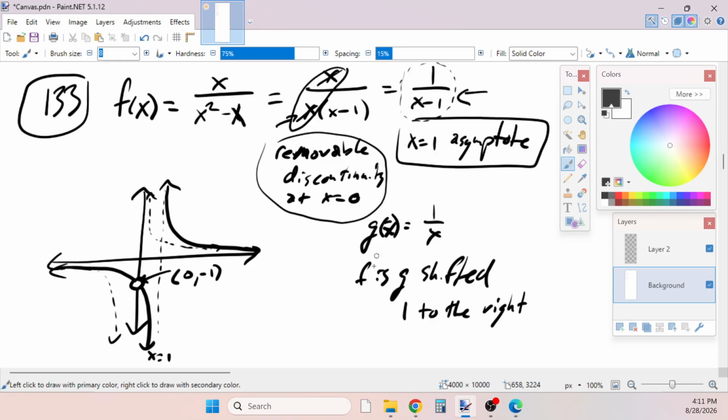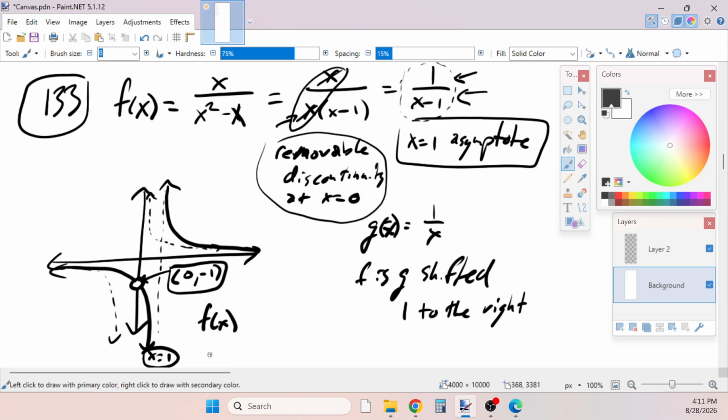I do that because if I plug 0 into my function, I get 1 over -1, which is negative 1. So I've marked my asymptote, I've marked my removable discontinuity, and I've done the shift that puts my function in the correct place. This is a graph of f of x.